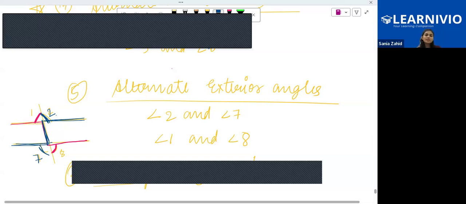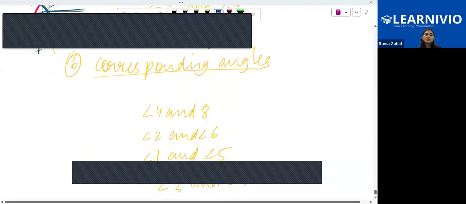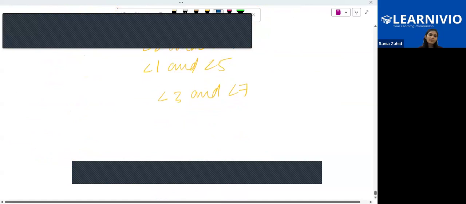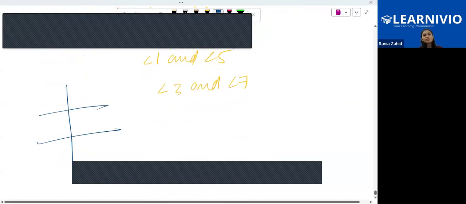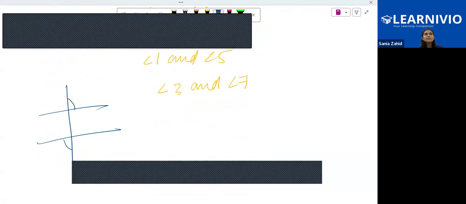Now listen very carefully. If they give you questions like this, if they give you this angle and this angle, you will first see if they are interior or exterior. You know these are exterior angles, both are exterior. That means they can be vertically opposite, or alternate exterior, but they cannot be corresponding. For corresponding, one should be interior and one should be exterior.